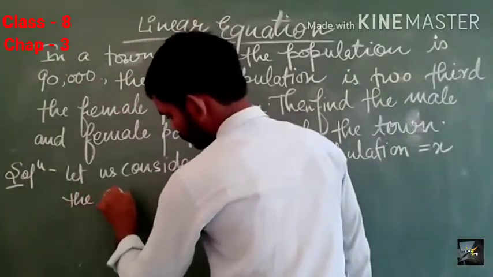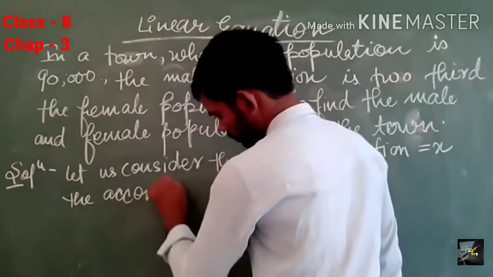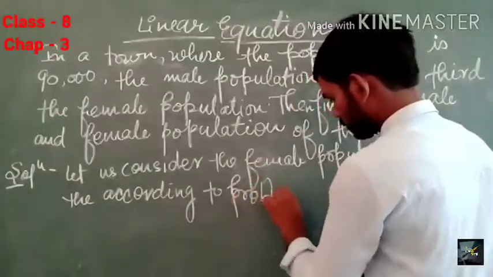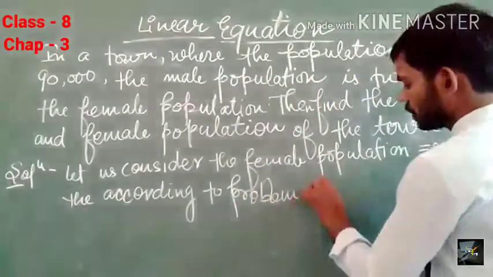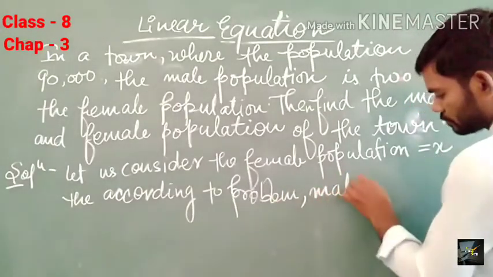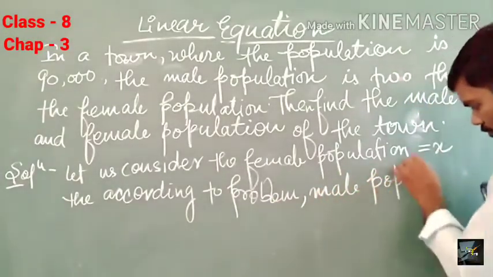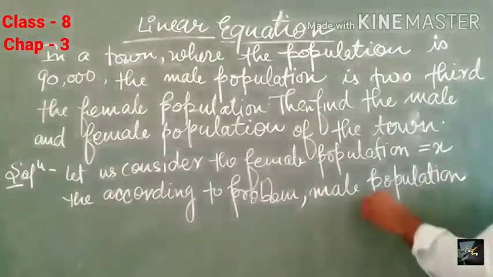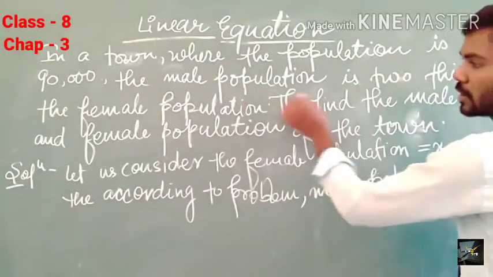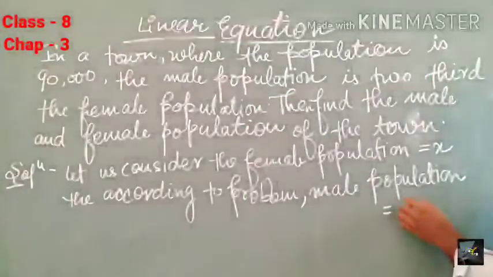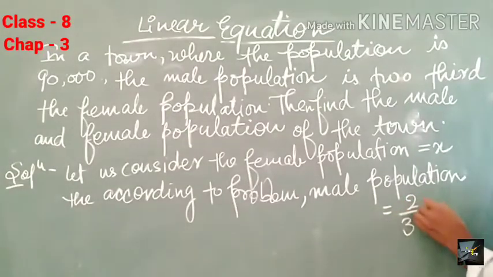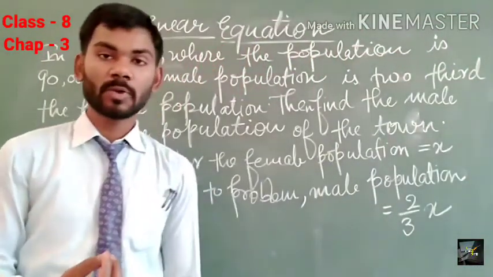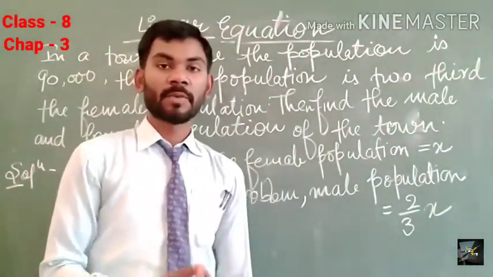Then according to the problem, the male population will be, as given in the question, the male population is 2/3 of the female population, so this will be 2/3 of x. So 2/3 x is the male population and x is the female population.